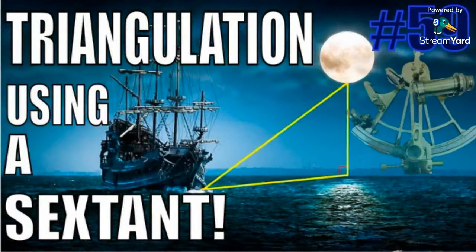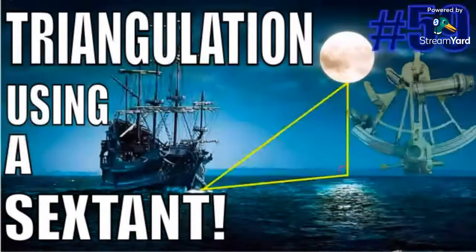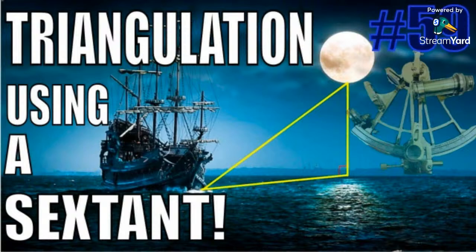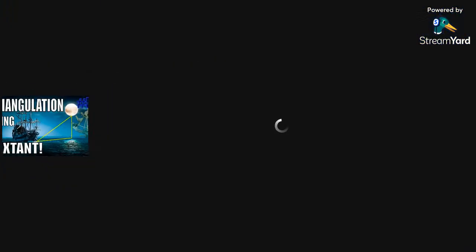Going to stop sharing that. Go to a different tab. I'm going to show you where this information is actually coming from. So share this screen. Alright, this is where the information is coming from.